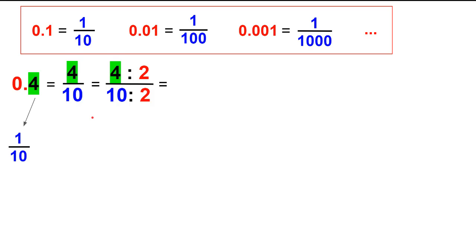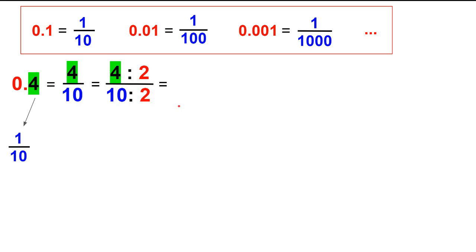And when your teachers ask you to convert a decimal to a fraction, they mean that you need to provide them with the simplified fraction. So if your teacher asks you how to convert 0.4, if you tell them 4 over 10, it's the right answer, but they may reduce points to you because this is not the simplified fraction.